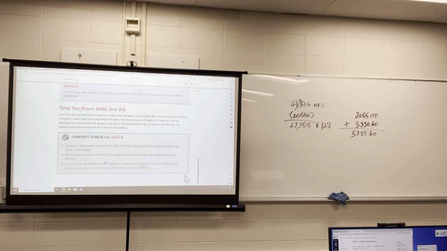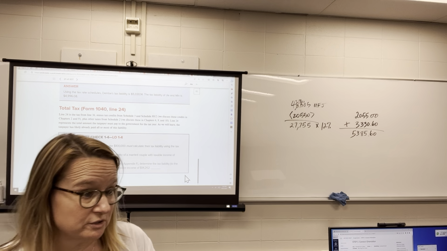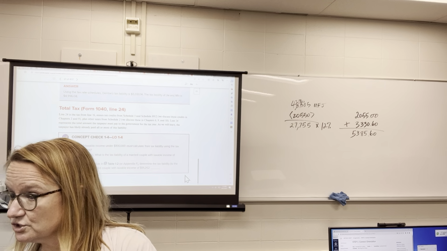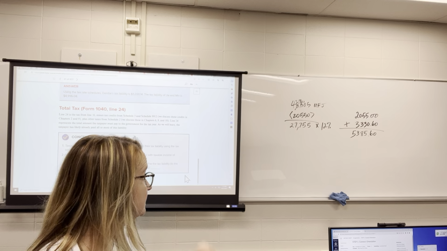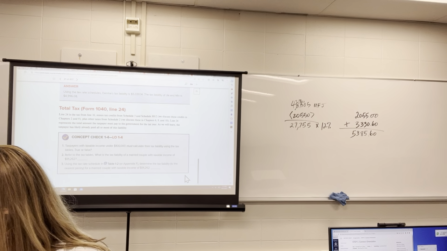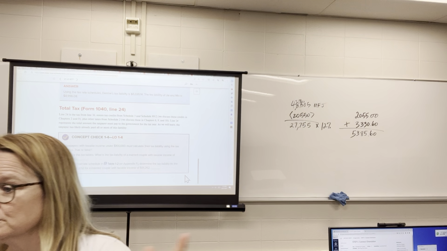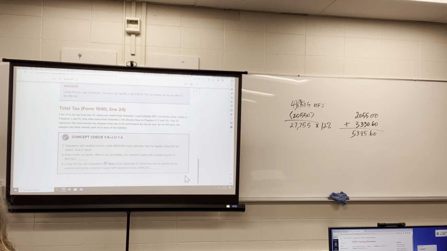So be careful of your reading of all of that and the wording, that you're following those directions. So there are a couple of clues there that if you're not getting the right answer, it could be that you're using total income instead of taxable income. Could also be that you're using the tax tables and you're supposed to use the tax schedule, or vice versa. Okay?